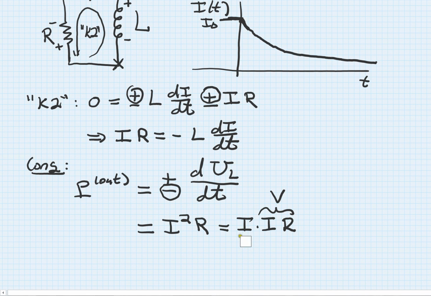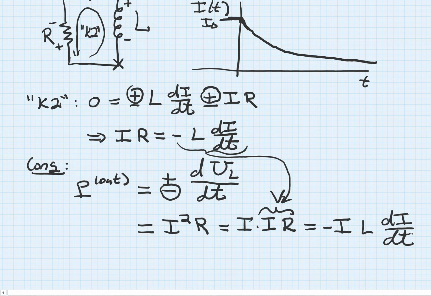I write it in this form, though, because I'm trying to track my signs very carefully, and I know what IR is. I times R for this circuit is always minus L times di/dt. So I'm going to get minus I, but IR being minus L times di/dt, I can substitute that in here, and I'll get minus I L times di/dt.